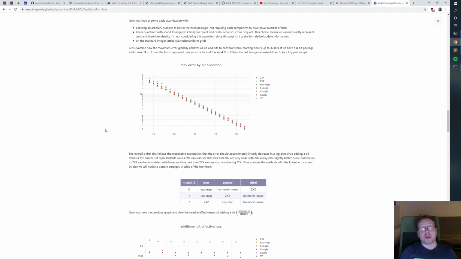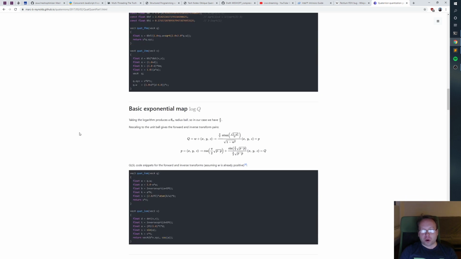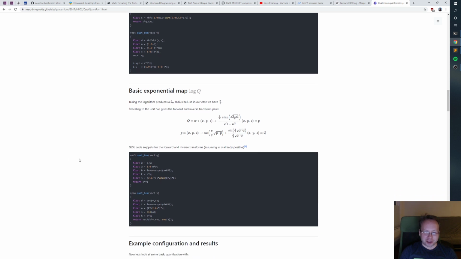I learned about smallest 3 I want to say in like 2008 or so, so like 12 years ago. And honestly, I haven't really seen a practical encoding that's better by enough that I would want to use it, if that makes sense. But certainly I could be wrong. I looked into some of this stuff.